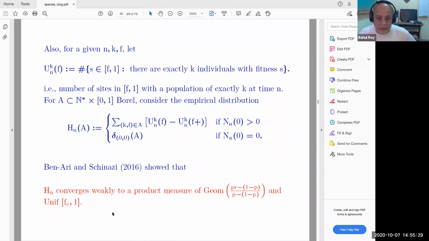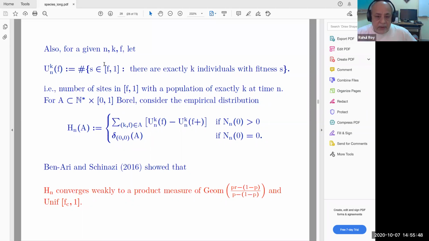And so they also have the same thing. Below fc, you have a null recurrent random walk, because you're just killing off all the sites at the bottom.